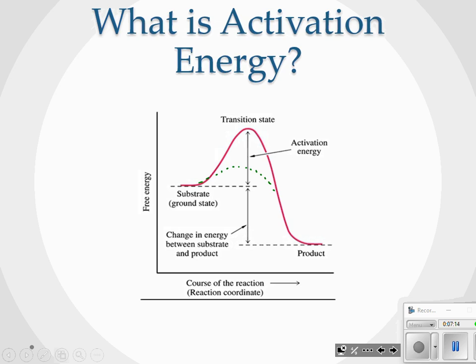Why would it be quicker? You don't need as much energy for that reaction to occur. If you're riding a bike over those two hills, which hill are you going to clear faster? The green one, right? So, that's some of the deal with how reactions proceed.